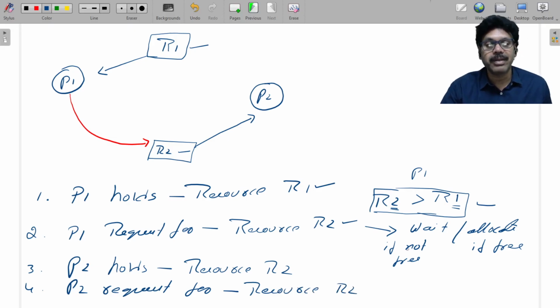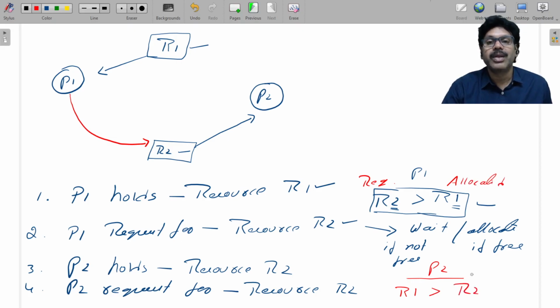How is it validated for P2? It is checking that R1, which I am requesting, is the new request, and the second one is already allocated. So R1 is not greater than R2. Therefore, P2's request will be denied.